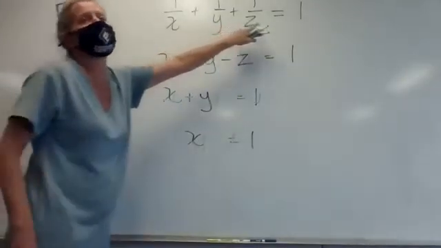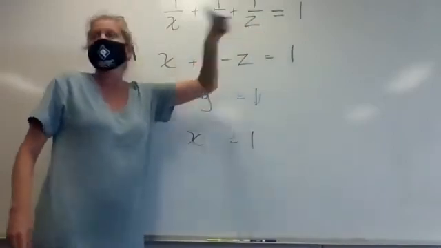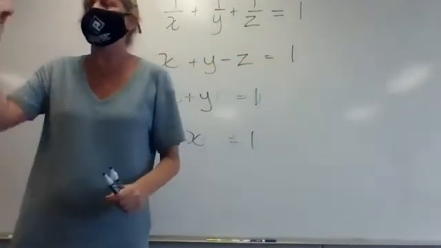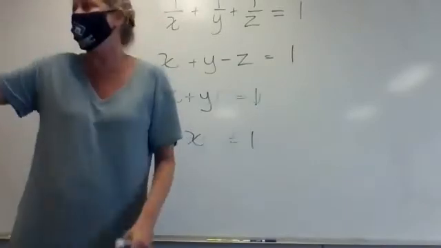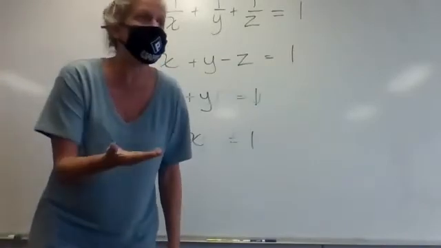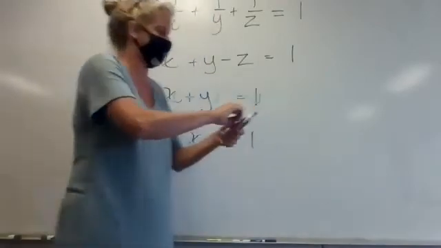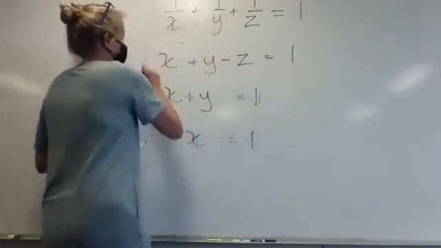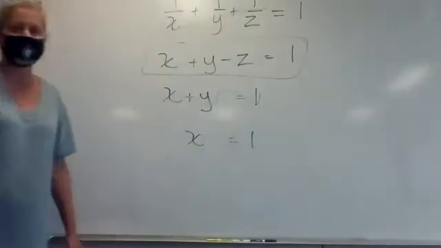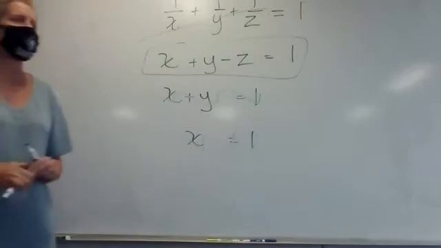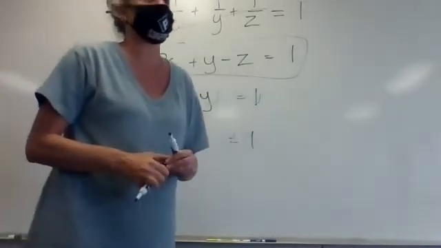This top one has 3 different variables, but it's not linear. Remember, for things to be linear, nothing can be happening to the x's or the y's or the z's. They can't be squared or cubed or in a denominator. They just have to be plain x, y, and z's. So that's why it's not that one. If something else is happening to the x, that's making it not linear.